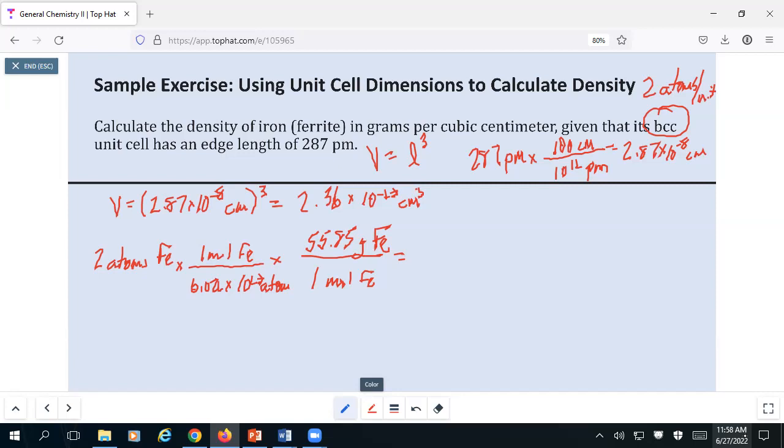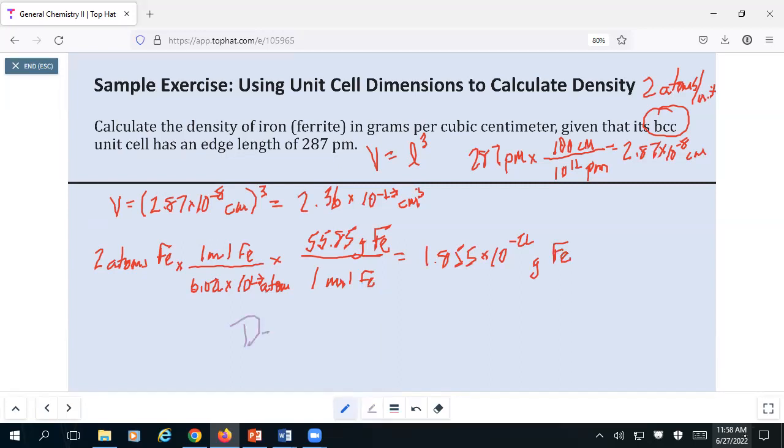So 2 times 55.85 divided by Avogadro's number is 1.855 times 10 to the negative 22nd grams of iron.